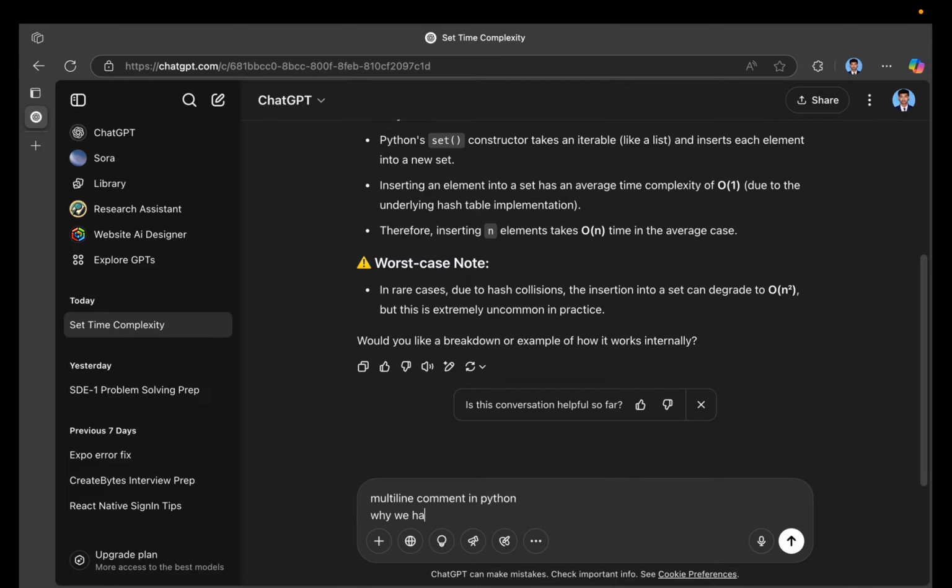Why do we have to follow indentation in a multi-line comment?